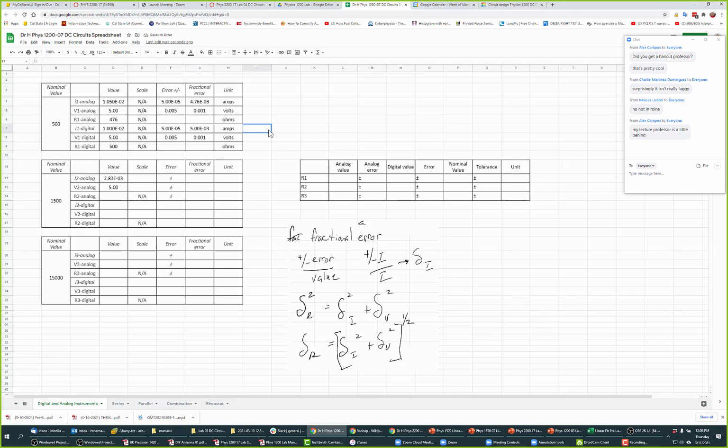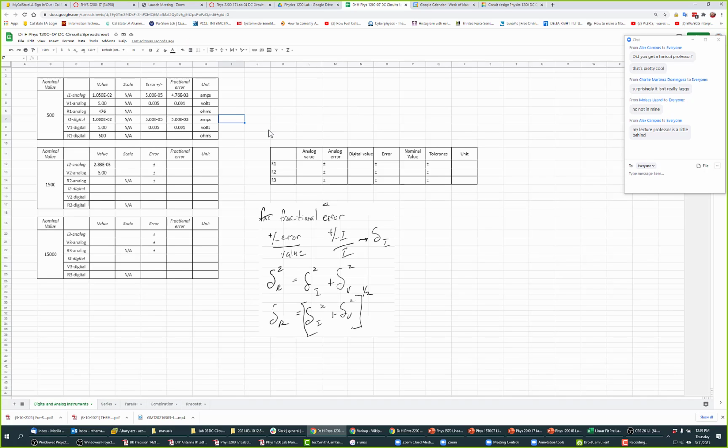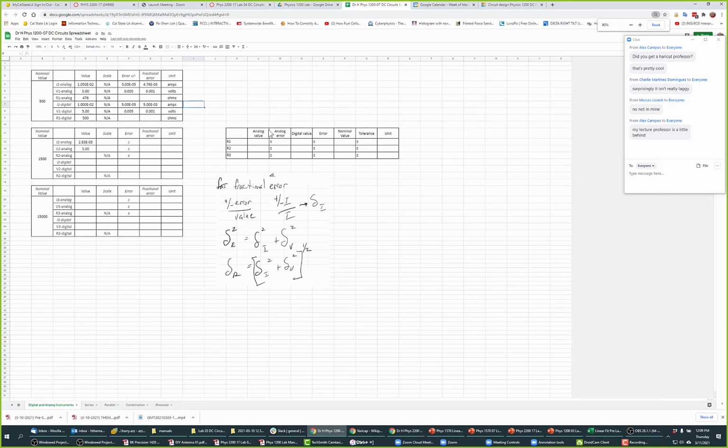Okay. So now what we need is to figure out what's the plus minus on our R. Now, I thought of this really great analogy, it's funny.